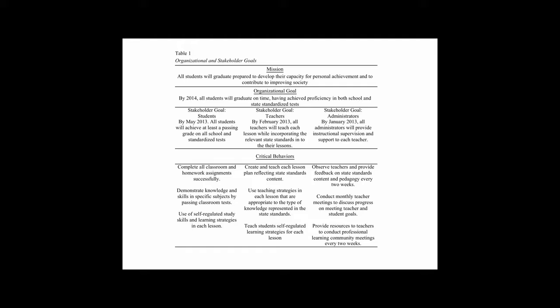The next slide here actually is an excerpt from your template for the gap analysis project. As you can see, this slide has the mission on it, the organizational goal, the stakeholder goals, and the critical behaviors.